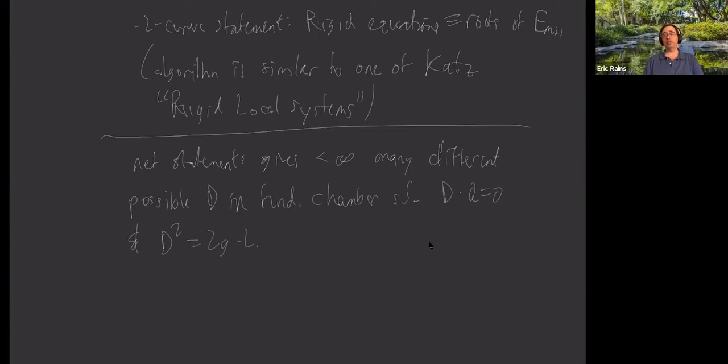Or in other words, if you specify the dimension you want and then do this operation to put yourself in the fundamental chamber, there's only finitely many possibilities, with one exception, except for g equals 1.